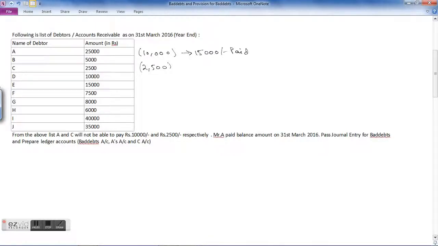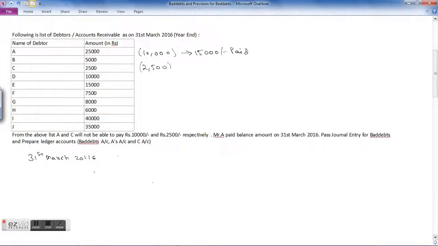Now let's see the journal entries. First, on 31st March 2016, for A: A won't be able to pay rupees 10,000.